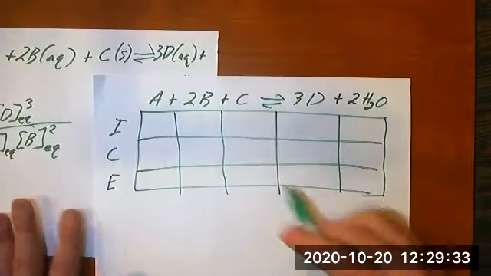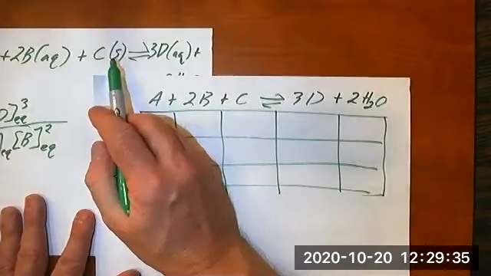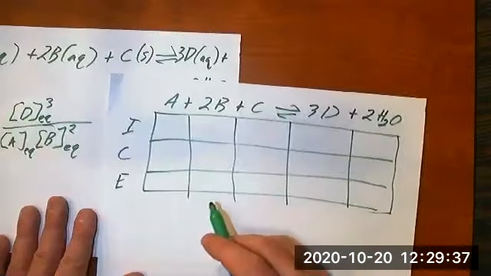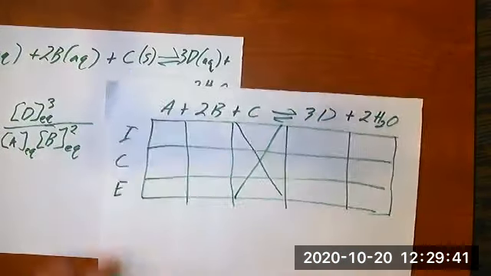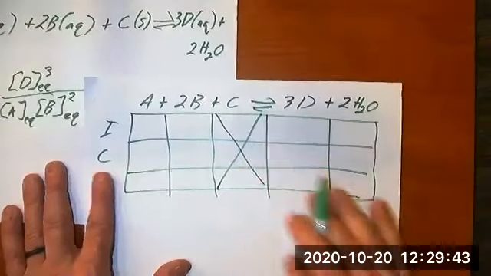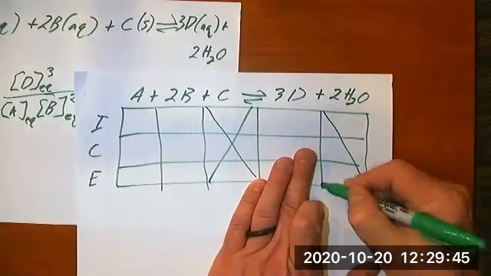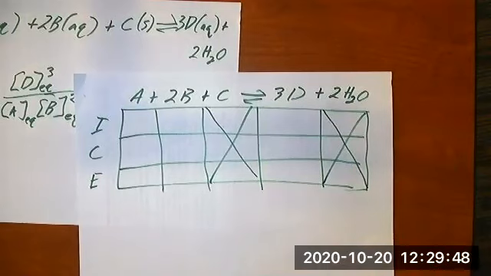And we notice that the C, because it's a solid, does not participate in the equilibrium expression, so you can get rid of that column. And the water, because it is the solvent, similarly does not participate, so we can get rid of that column.